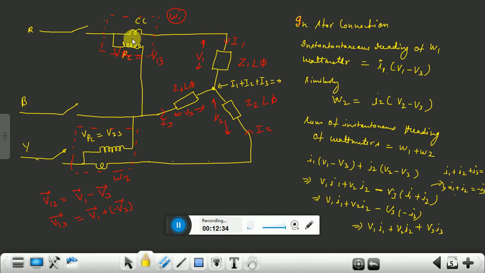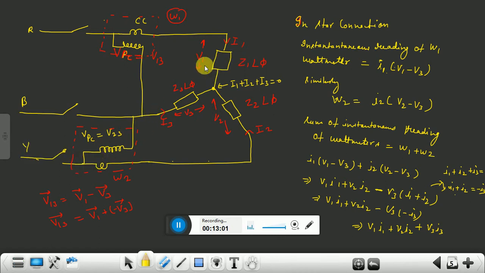This is your current coil connected in R phase, and this is your pressure coil connected between R phase and B phase. This is your current coil 2 connected in Y phase, and this is your pressure coil connected between Y phase and B phase.